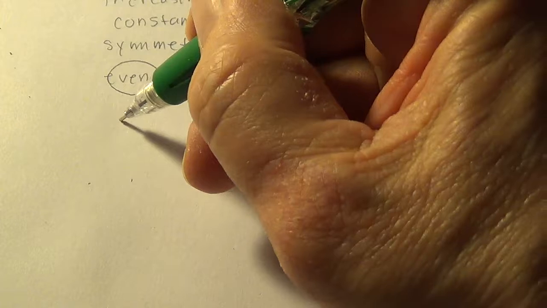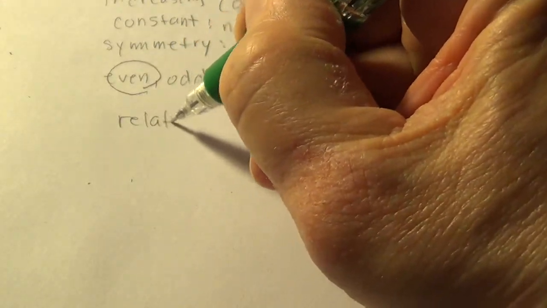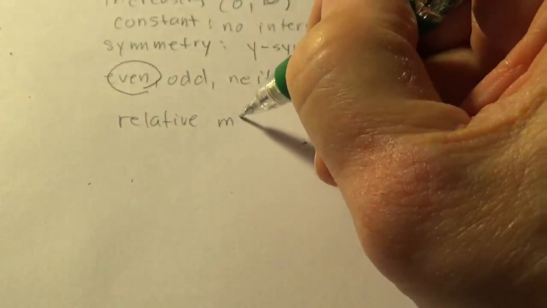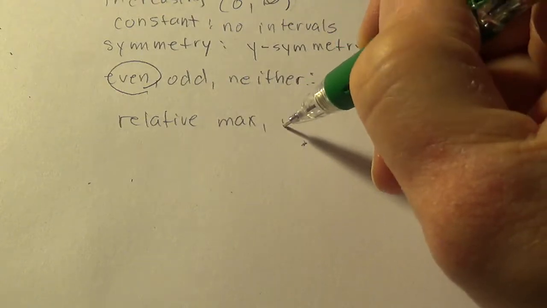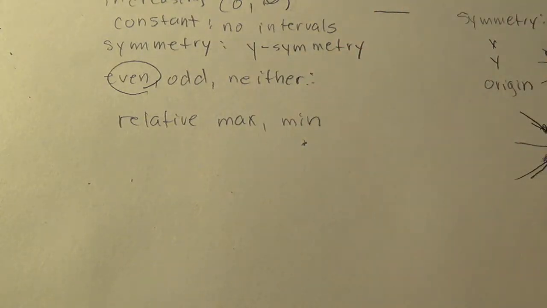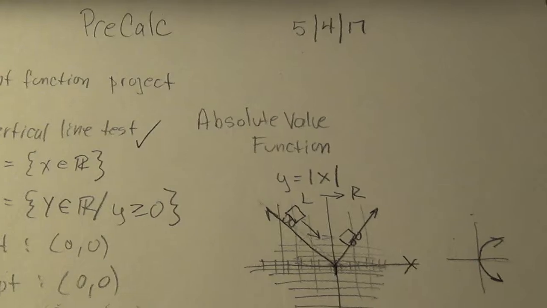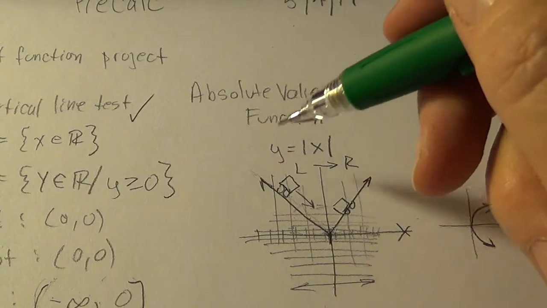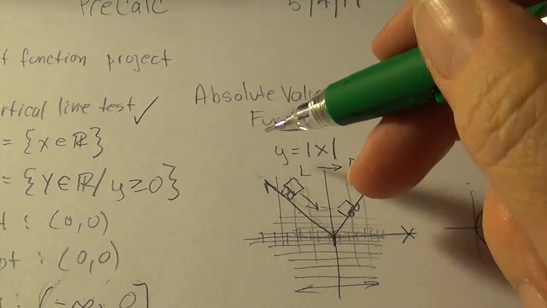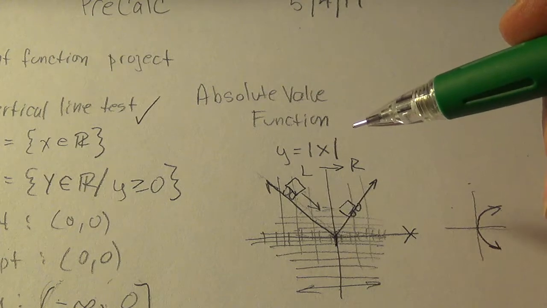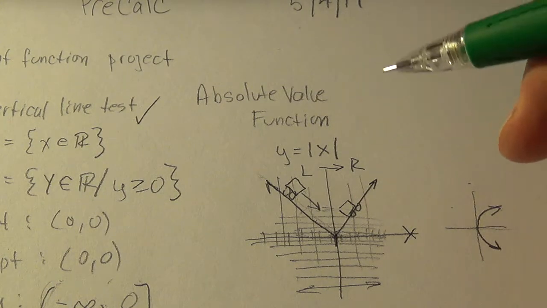And the last thing is relative maximum value or minimum value. And that's the highest y or the lowest y that the graph has in a specific area. So is there an area of this graph where it has one point that's lower than the surrounding points or higher than its surrounding points?